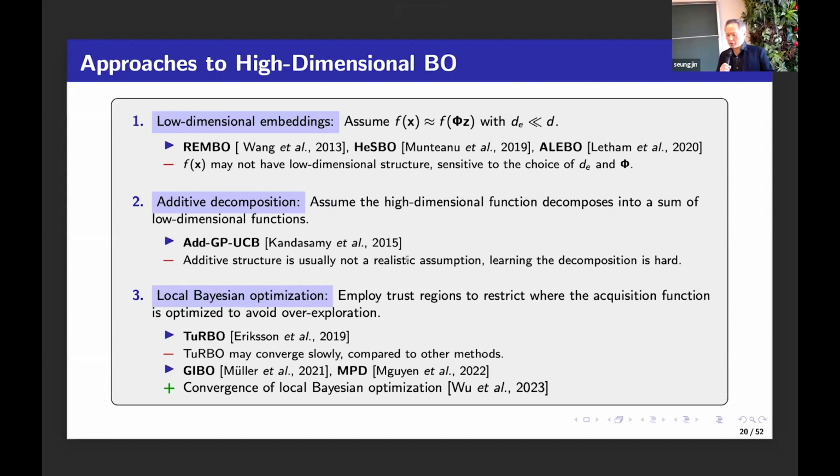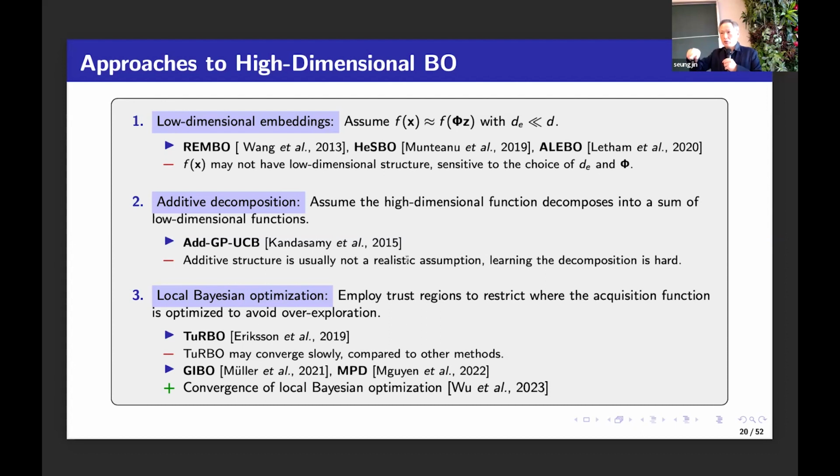These days, the more interesting idea is local Bayesian optimization. Instead of searching for your global maximum or minimum over the entire search space, you restrict your search to some local regions, described by trust regions.